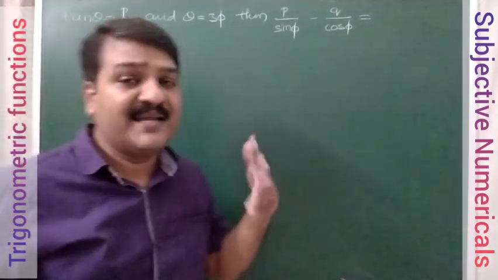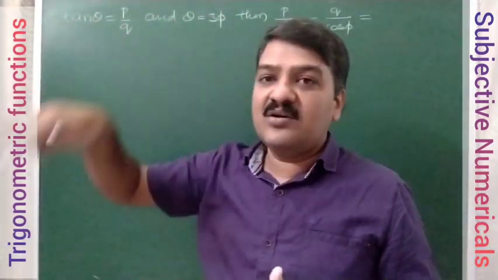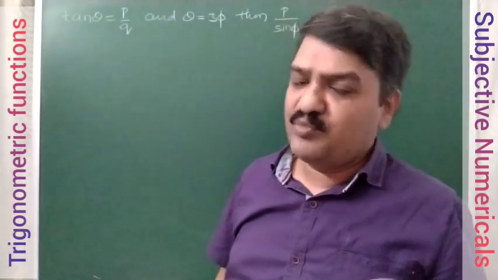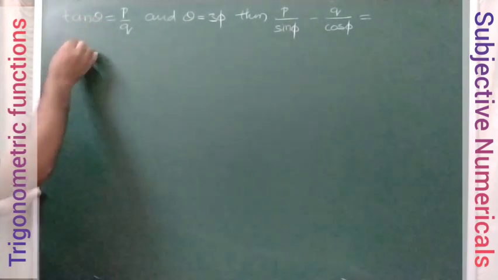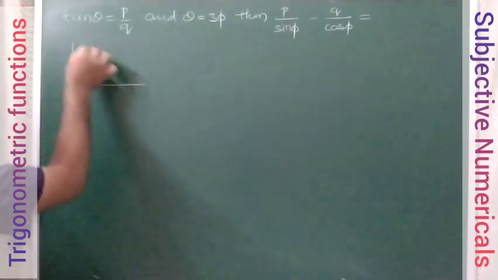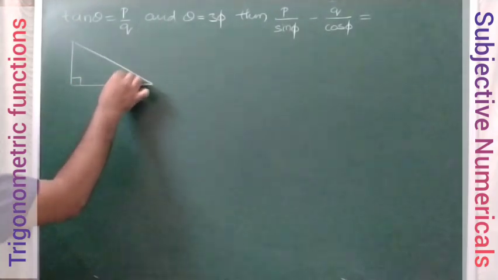Let us draw a right angle triangle and let us write sin theta cos theta values from this, because we need for further solving. So I am taking a right angle triangle with one of the angles as theta.